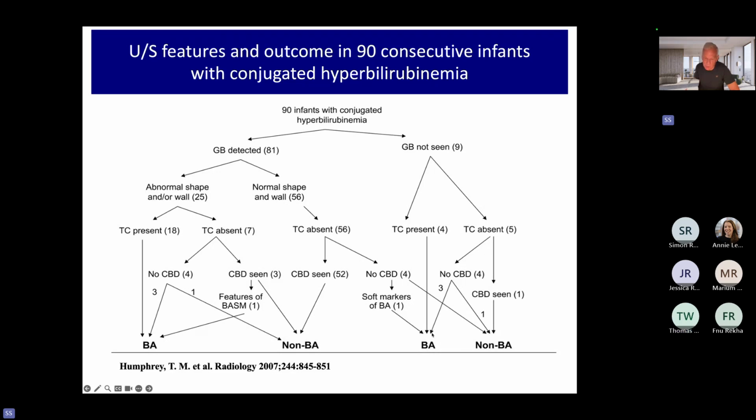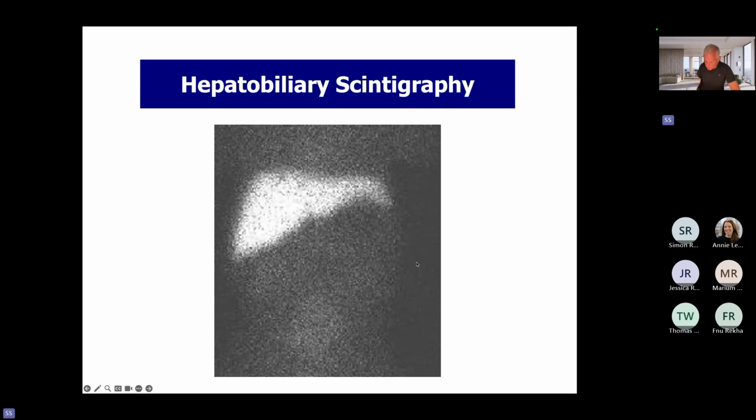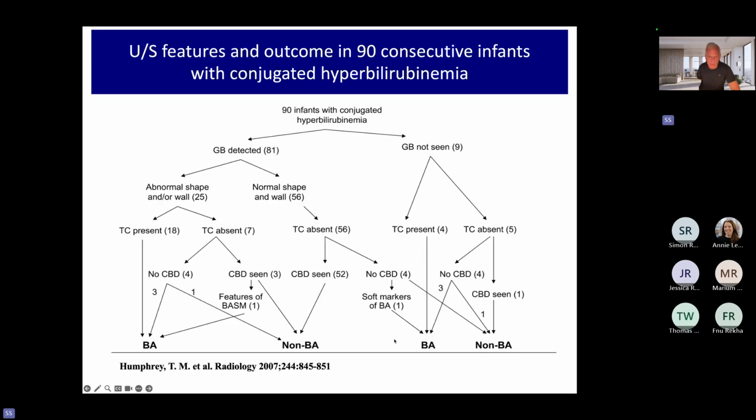If the gallbladder is detected and it's normal, all of those patients had a triangular cord sign that was absent. Of those, only 4 had no common bile duct. And of those, only 1 had biliary atresia.